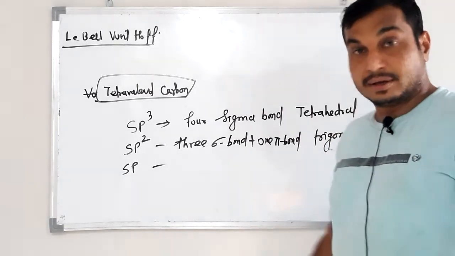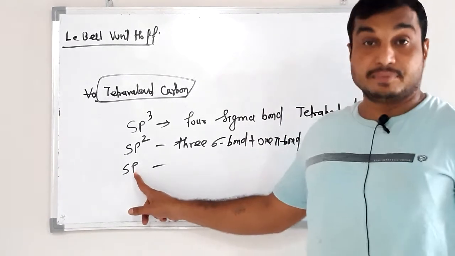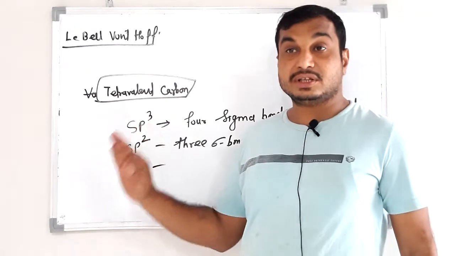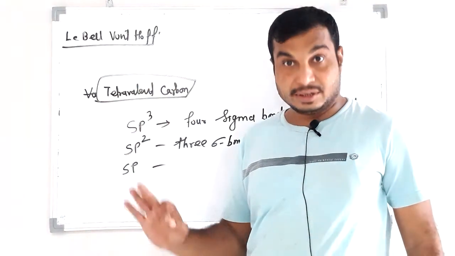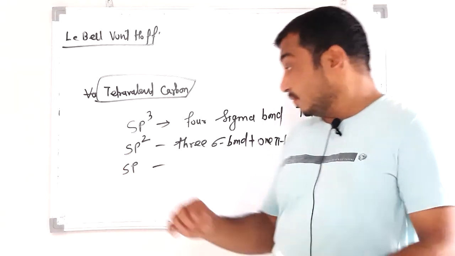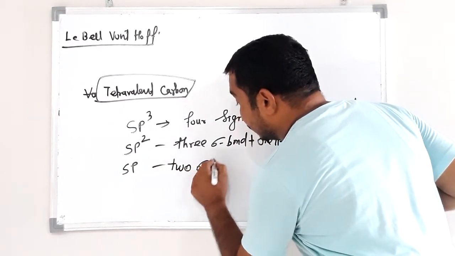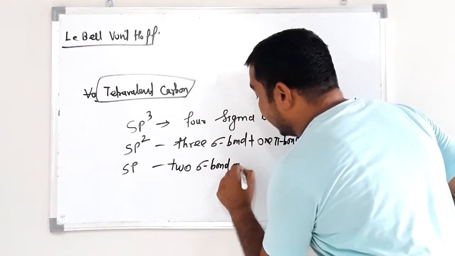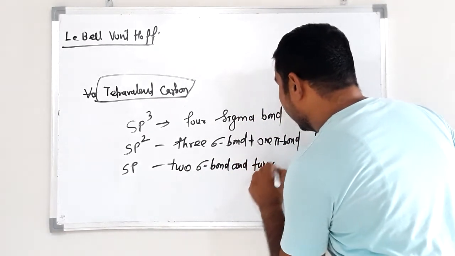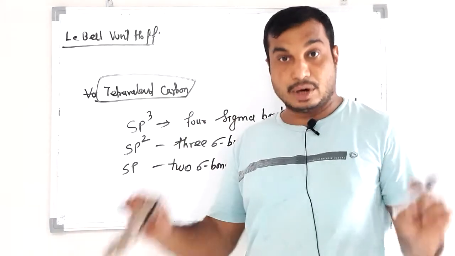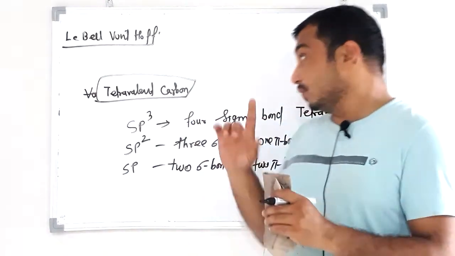In sp hybridization, the carbon forms 2 sigma bonds and 2 pi bonds. The total number of covalent bonds formed by carbon is always 4.